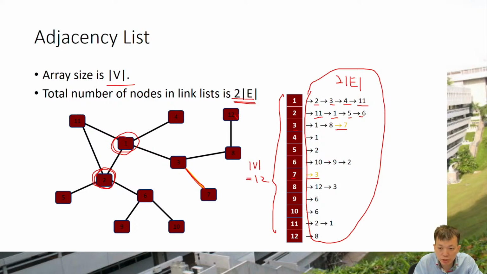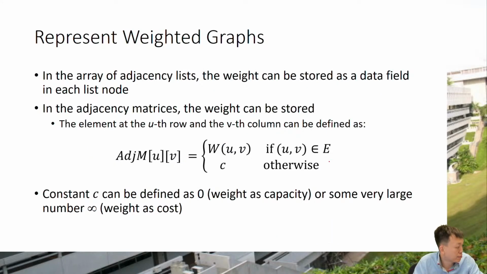Okay, so next. This is when I consider the scenario where edges are not weighted, which is not too difficult. If I introduce weights, then for an adjacency list, you need to introduce another field in the list nodes to store the weight. For an adjacency matrix, instead of assigning 1 or 0, you assign the weight.